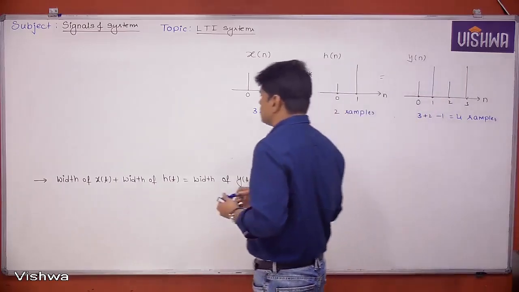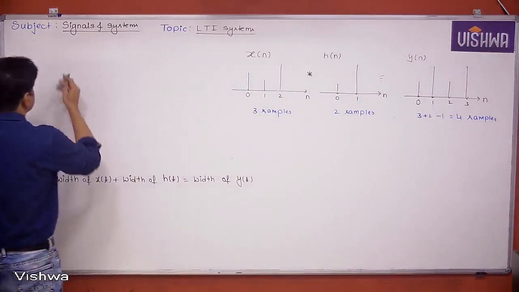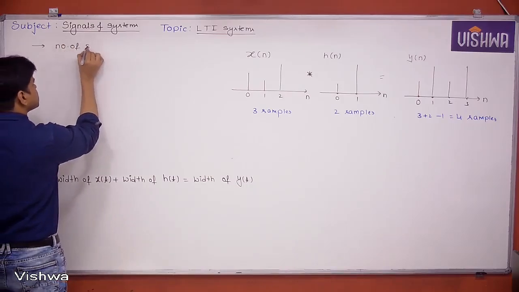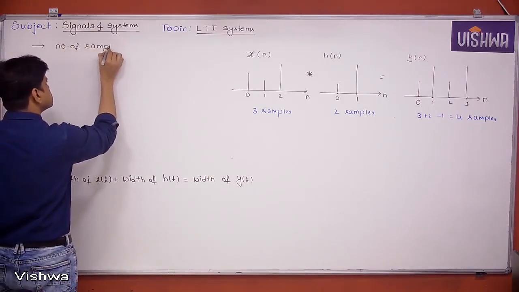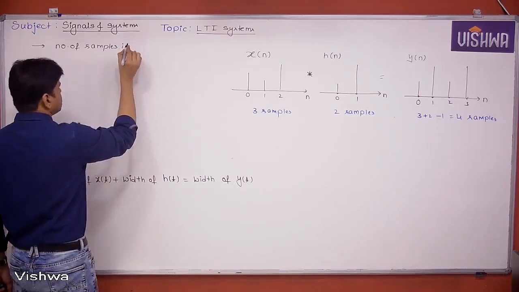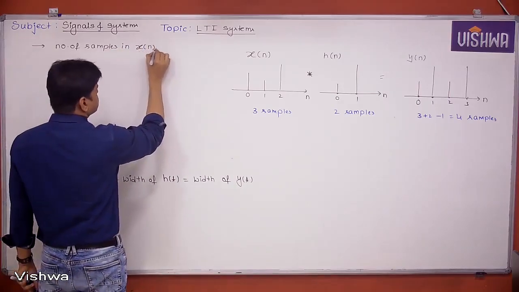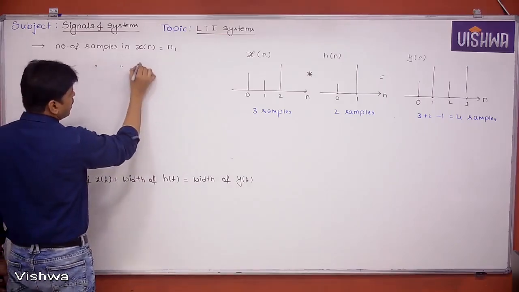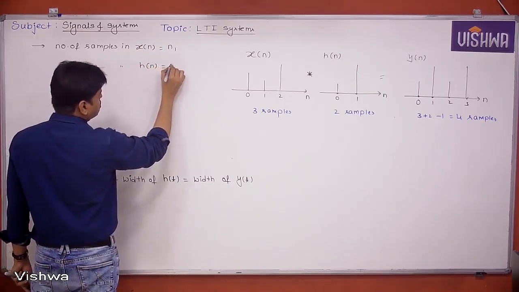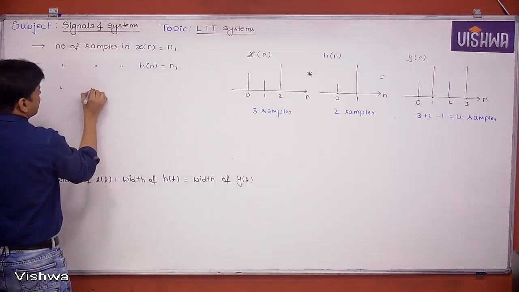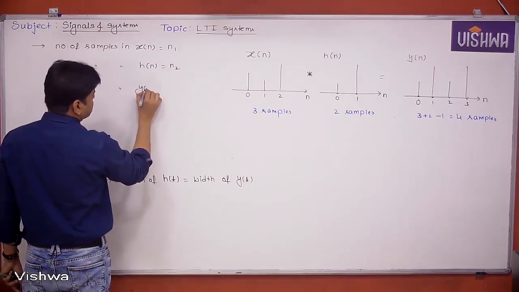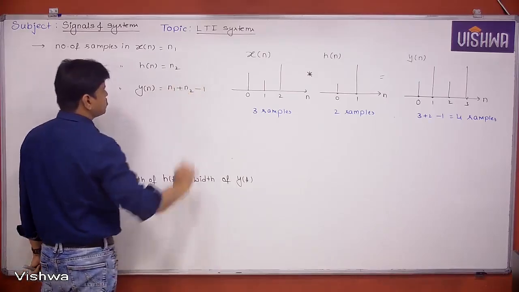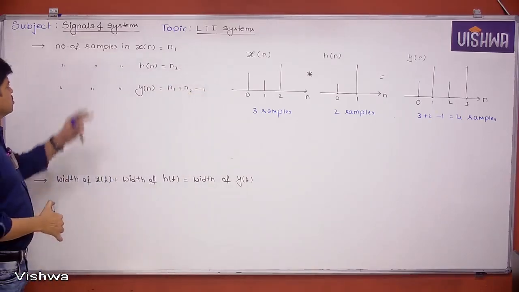So I am writing the property: the number of samples in x of n is equal to n1. The number of samples in h of n is equal to n2. Then the number of samples in y of n is n1 plus n2 minus 1. So that is the formula for the number of samples.